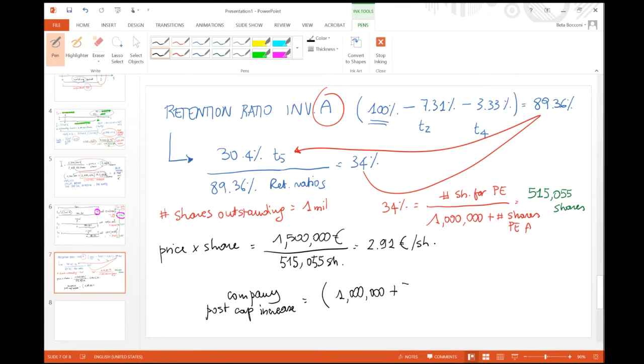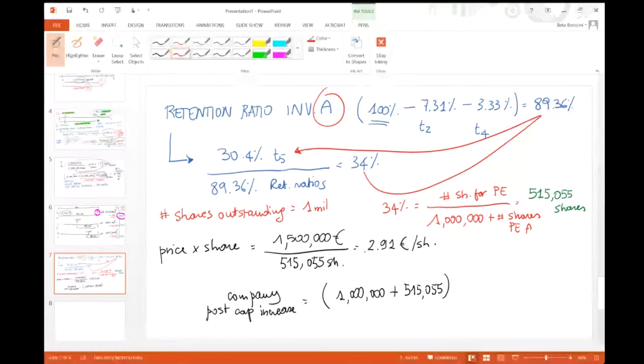We have 515,055 shares, and we know that the investor in the first round, us, has paid a price of 2.91 euro per share.